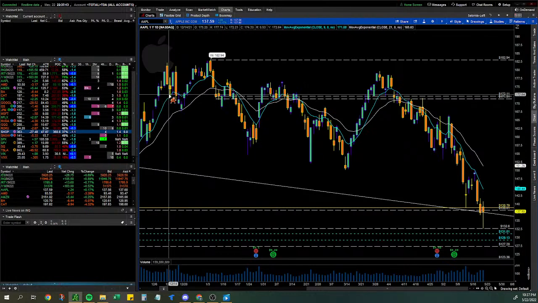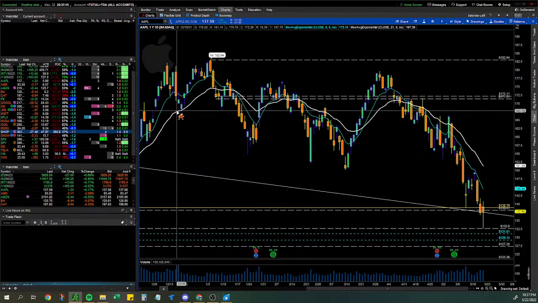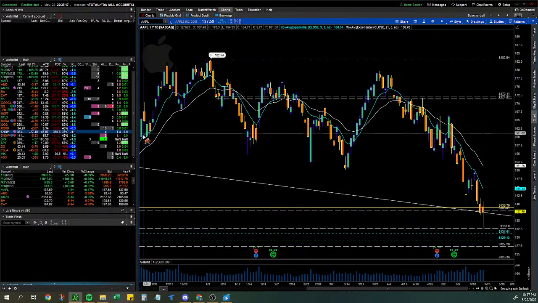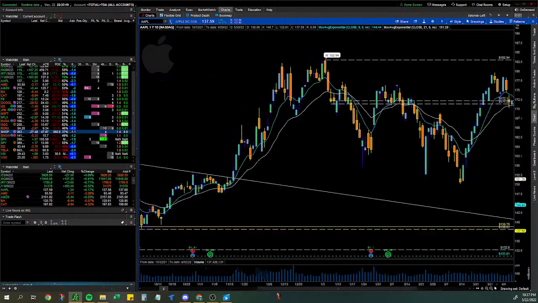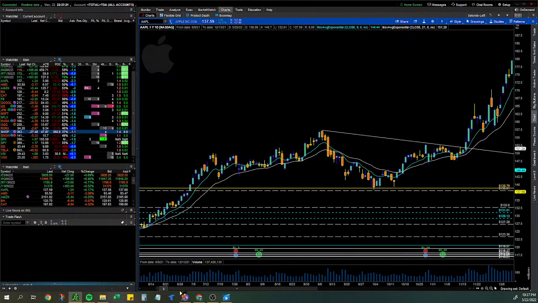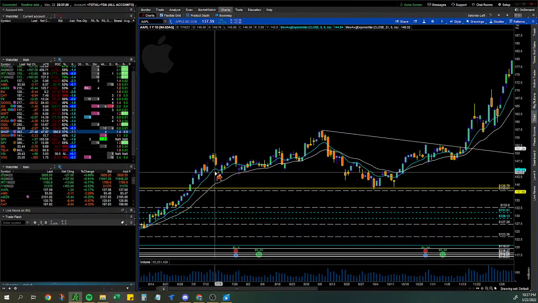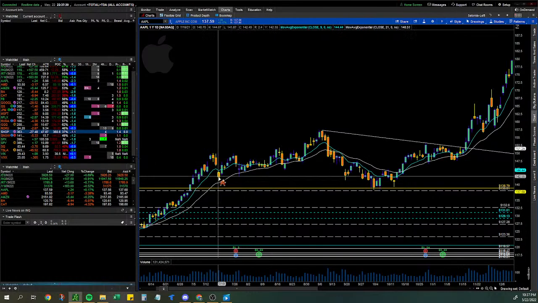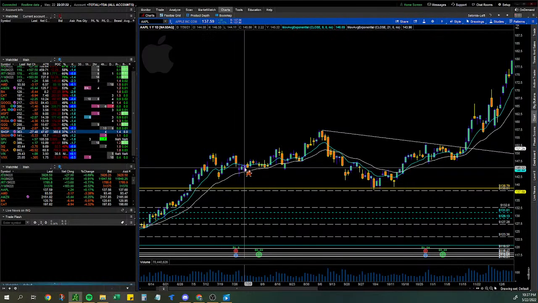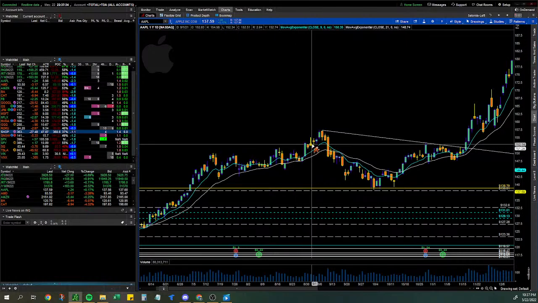So you got the 9 and the 21 in the blue and the white. Point being, when we are in a nice bullish market, we can push off of those, pulling them apart and creating a gap. And then we can pull back to them to find support before moving higher.